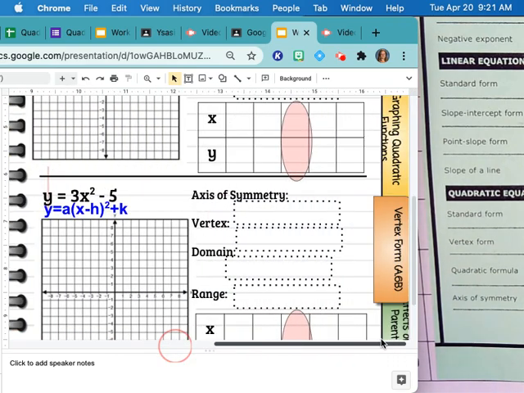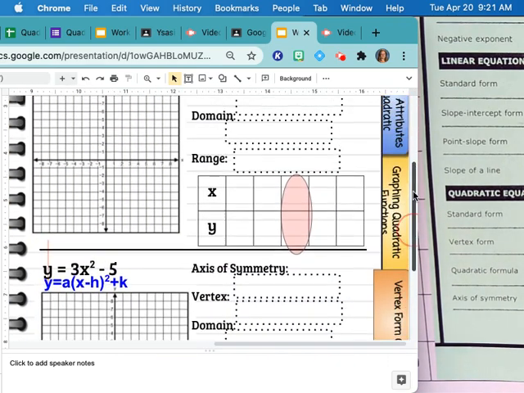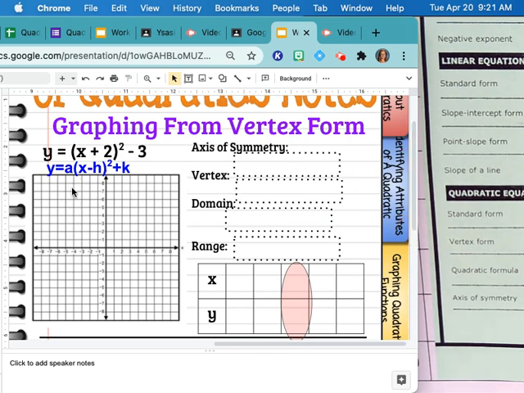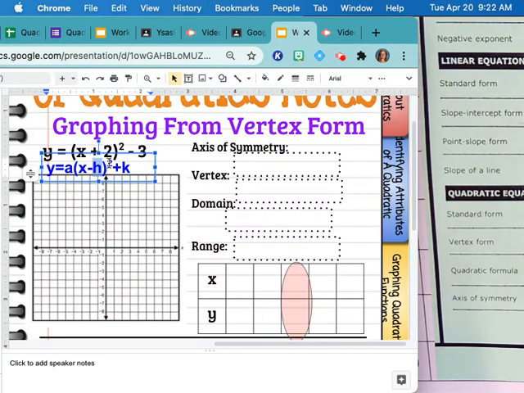All right, let's go over to the other page. Y equals x plus 2 squared minus 3. Okay, let's figure out what the h is. So it says x plus 2, but our h value is supposed to be minus. So what does that mean our h is?